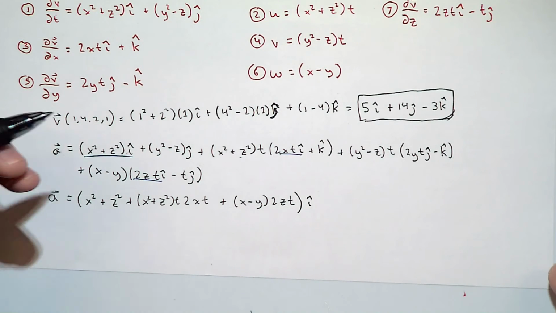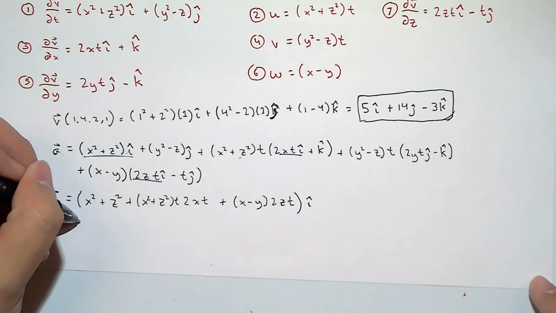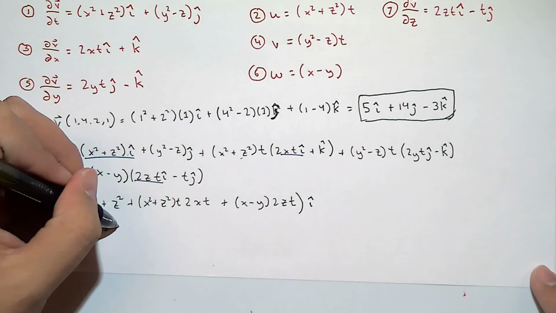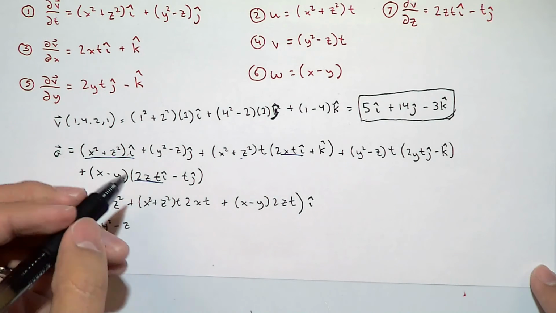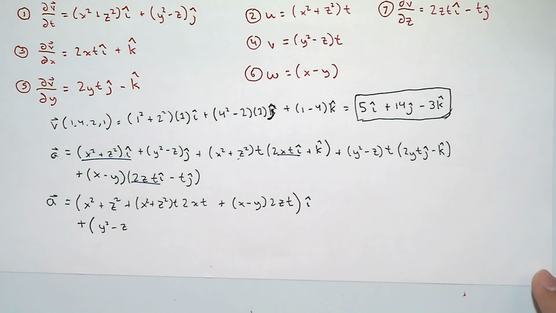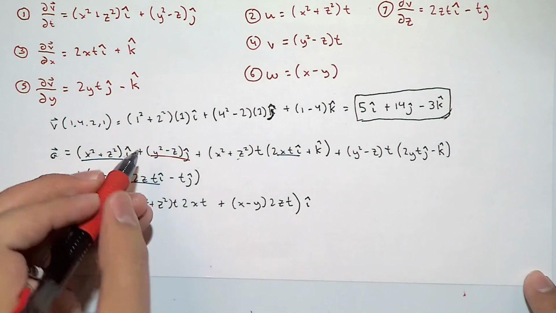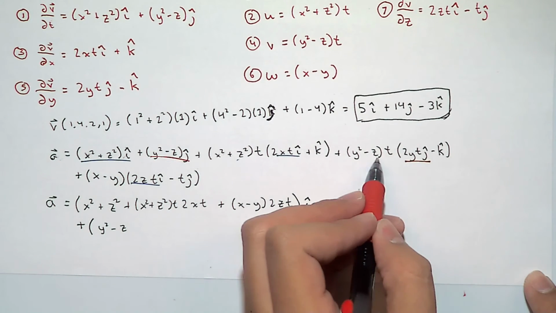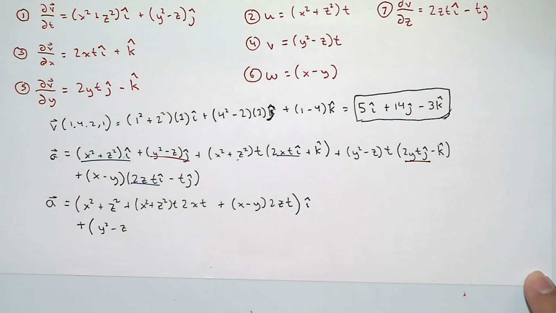We have all this in the i direction plus our j direction, which would be y squared minus z. This is this j component. I have this j component, which is 2yt multiplied by this coefficient.